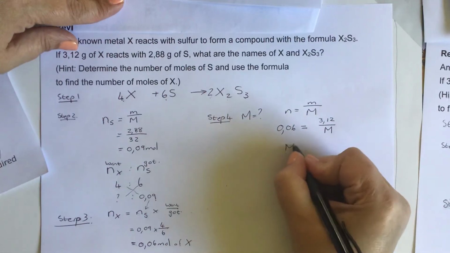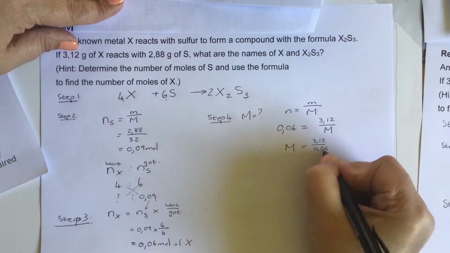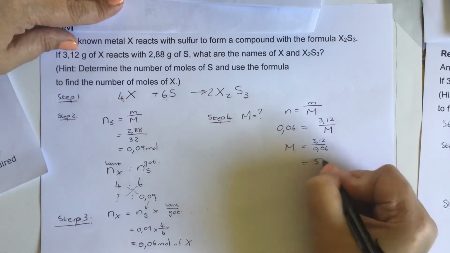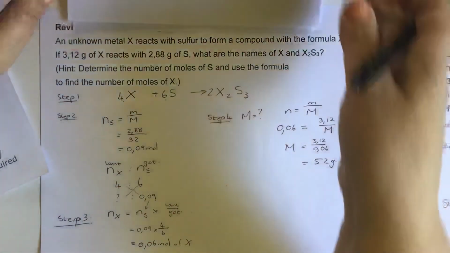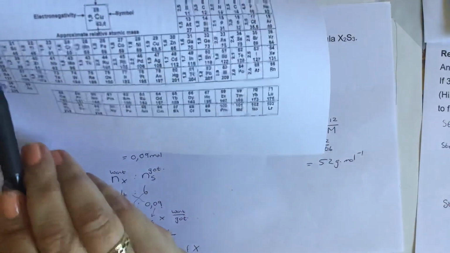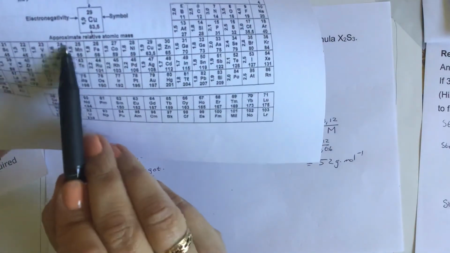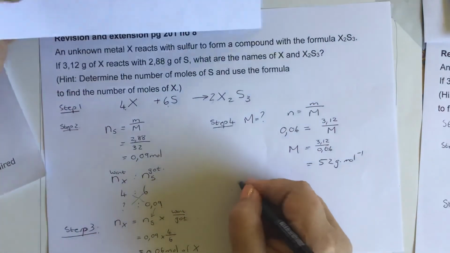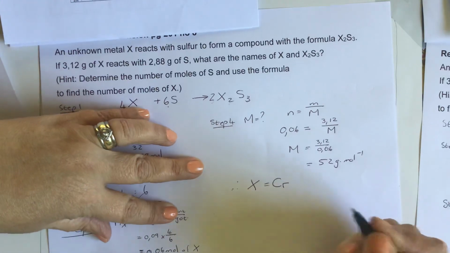After manipulating the formula, I get 3,12 divided by 0,06, giving me 52 grams per mole. And now I go and use my periodic table and I find 40, 48, 50, 52. So what is X? Therefore, X is Cr.